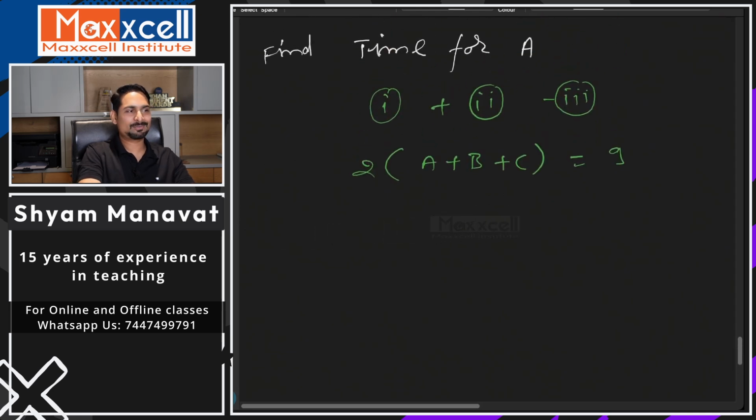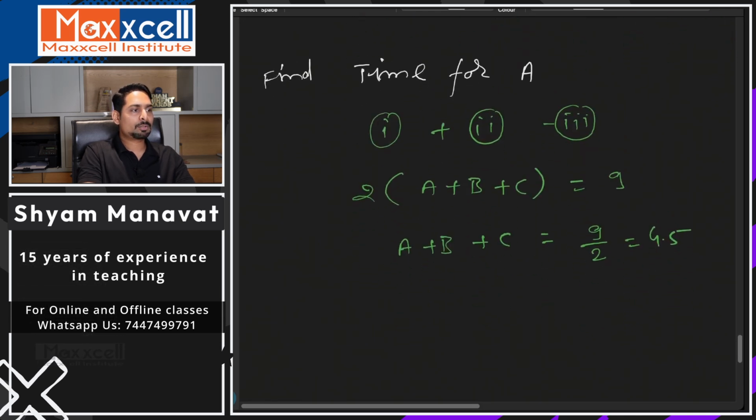Don't forget, ABC are their respective efficiency that we have assumed. A's efficiency is A, B's efficiency we assumed B, C's efficiency we assumed C. So A plus B plus C here is 9 by 2, or you can say 4.5.